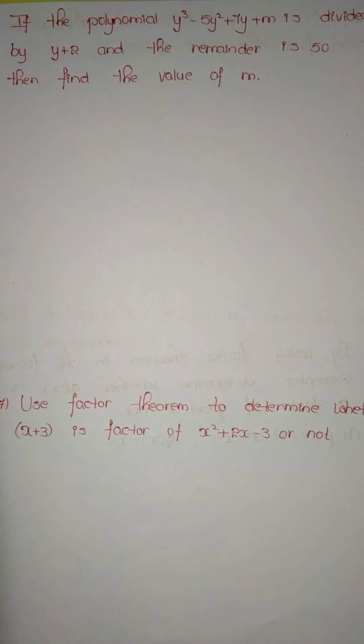Next, question number 6. If the polynomial y cube minus 5y square plus 7y plus m is divided by y plus 2 and the remainder is 50, then find the value of m. Here p of y is given, divisor is given, and the value of remainder is given. By using these three, we have to find the value of m.